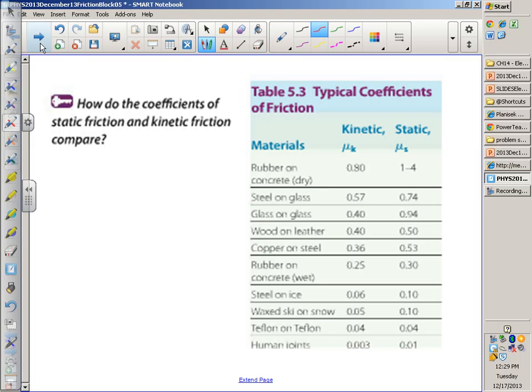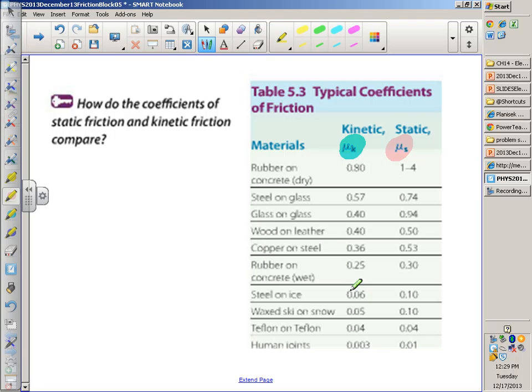If you look at the next slide down on your packet, this table compares the coefficient of kinetic friction with the coefficient of static friction. What are you seeing about the static friction coefficients versus the kinetic friction coefficients?